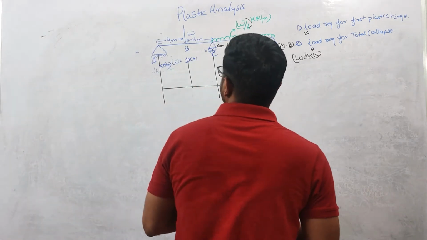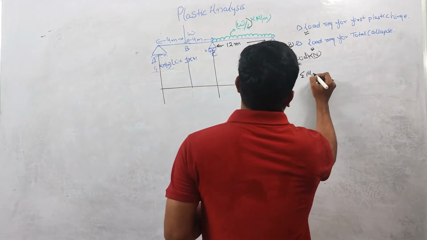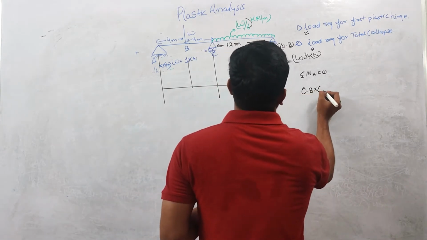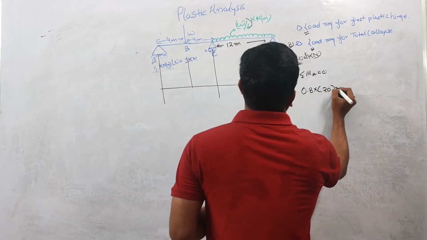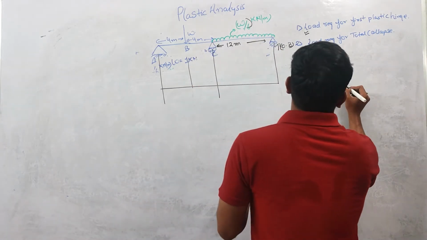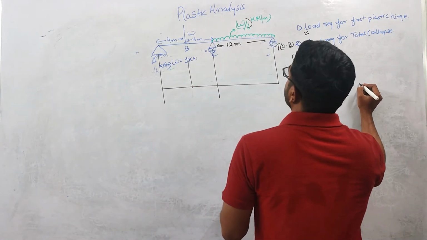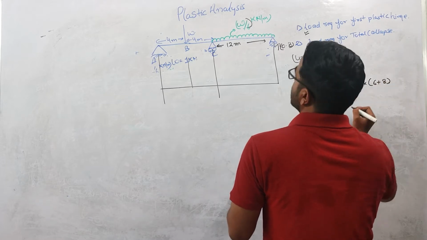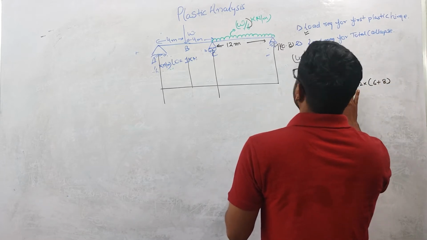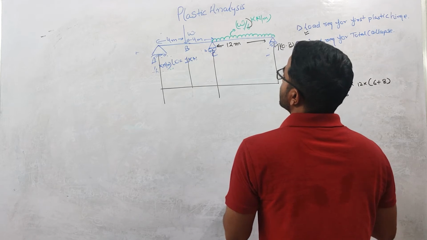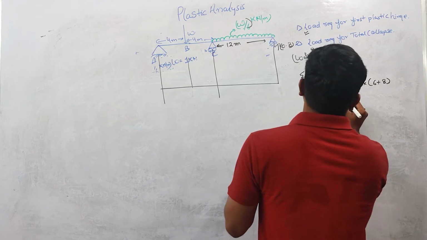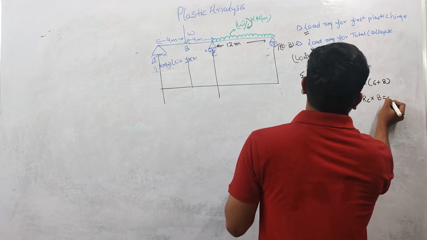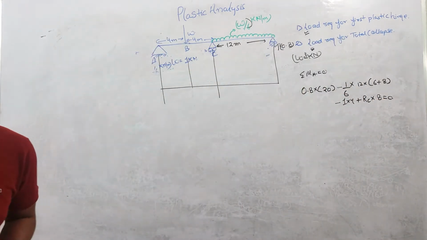First take moment about A, summation MA equals 0. So I can write 0.8 into 20 plus 1 by 6 into 12 into 6 plus 8, minus, and again this is 1 into 4, plus RC into 8 equals 0.